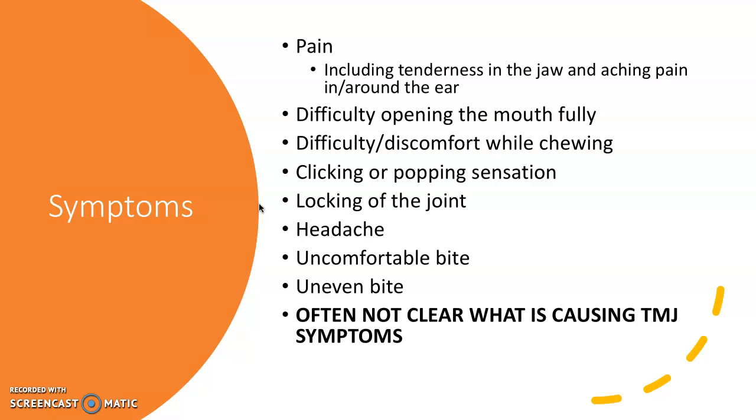They also sometimes complain of a clicking or popping sensation that they hear every time they open or close their mouth. Sometimes they're not even able to open their mouth because the jaw just locks. It can also cause headaches, an uncomfortable bite, and an uneven bite. But often it is not clear what is causing TMJ symptoms. They still are not sure exactly what causes it to happen.